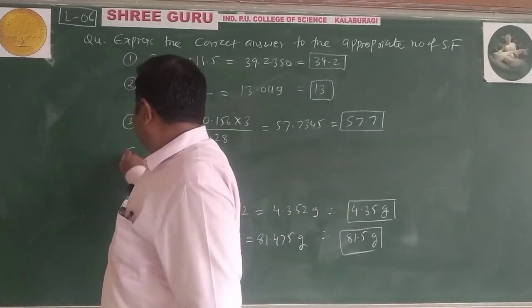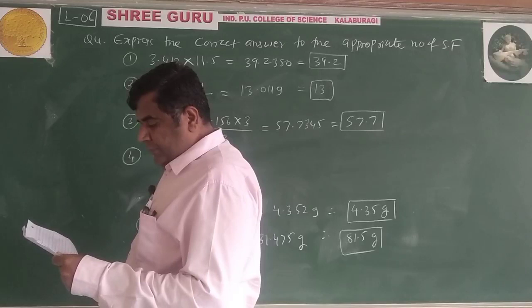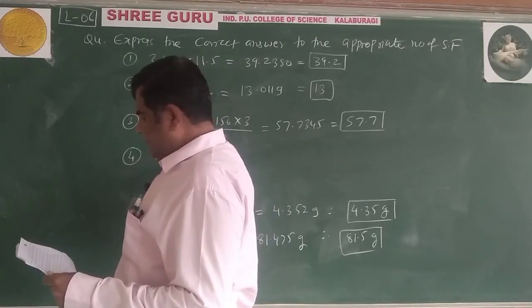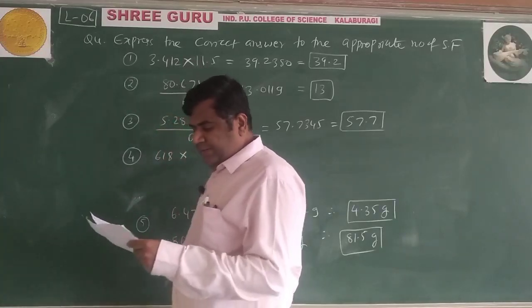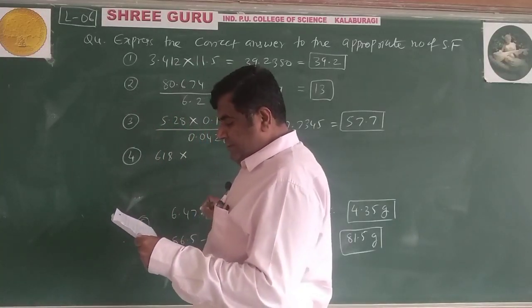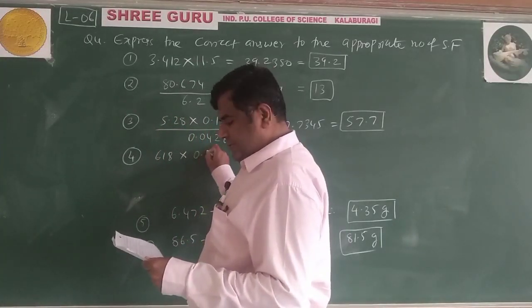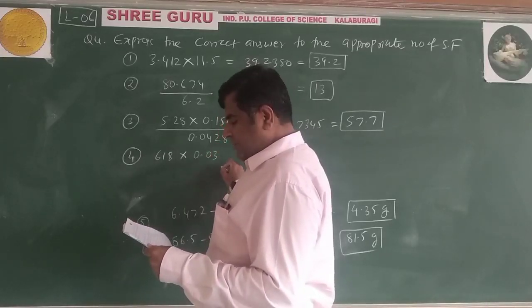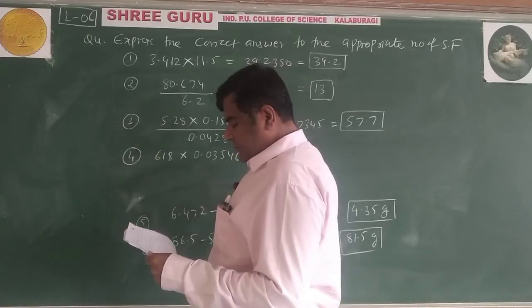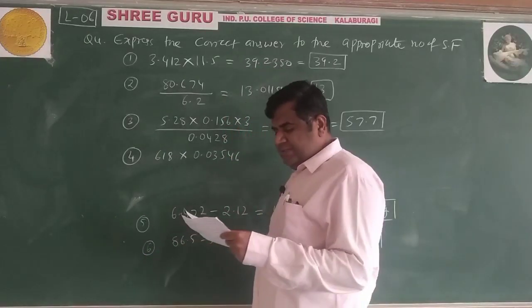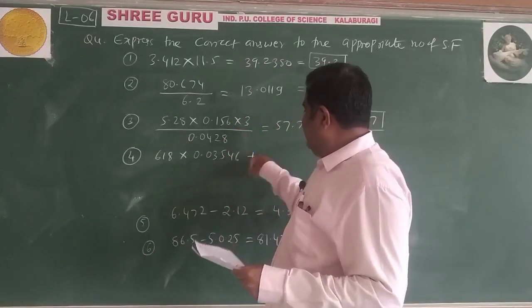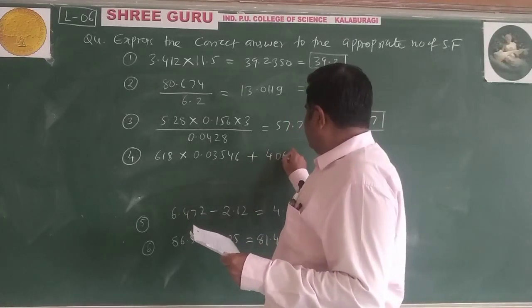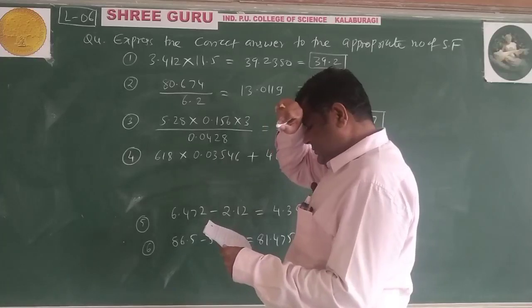Fourth one, 618 multiplied by 0.03546 plus 406.27.